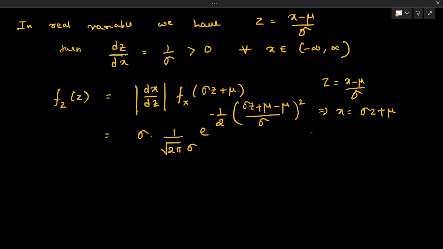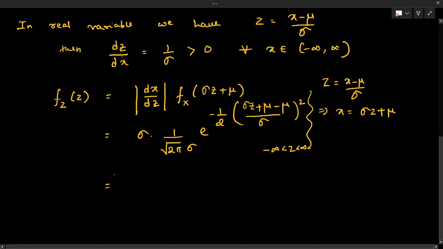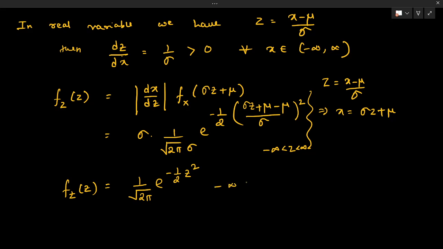And since the range of z is from minus infinity to plus infinity, after a little bit of simplification we find that f_z(z) is nothing but 1 by root over 2 pi, e to the power minus half z square, where z lies between minus infinity and plus infinity.